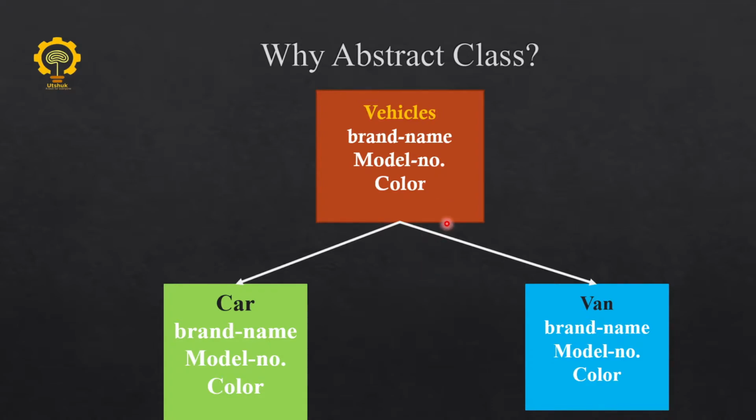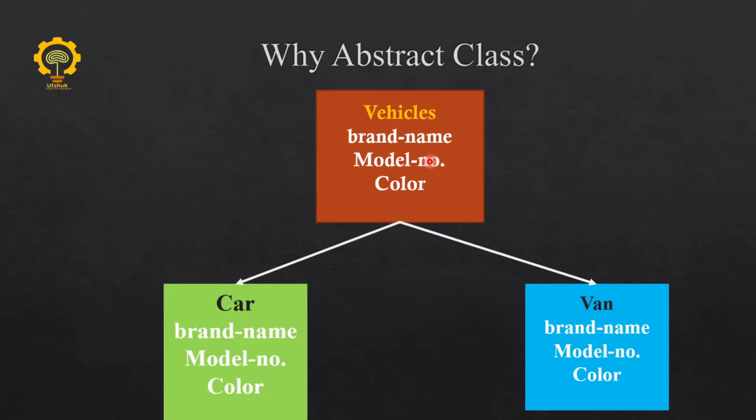And suppose you are creating an object of the Vehicle class, instantiating the vehicle and accessing the properties brand name, model number or color, then it does not make any sense, because if a vehicle is created, it automatically falls under a categorization like car or bus or truck, and a single generic vehicle cannot exist.